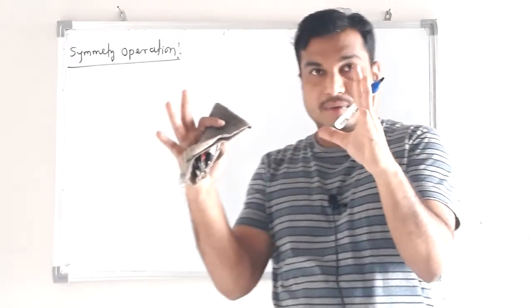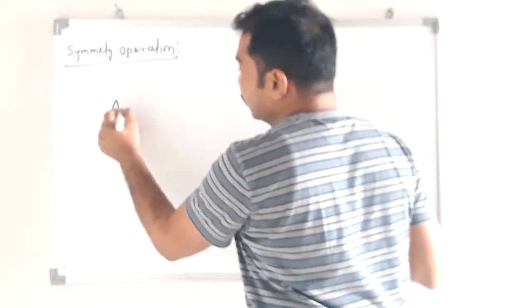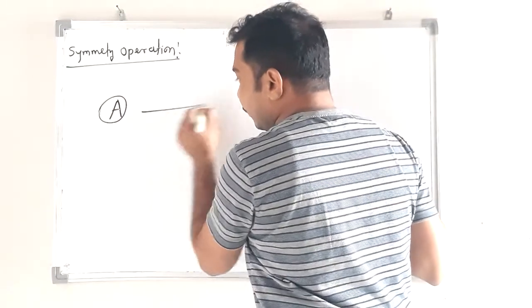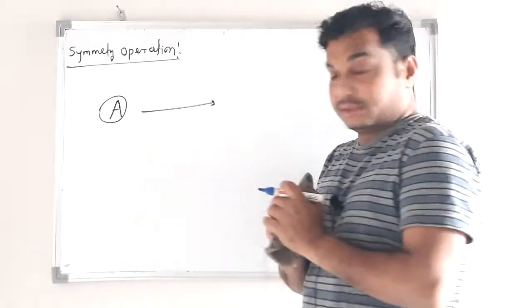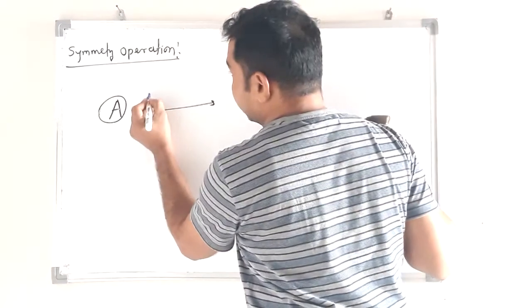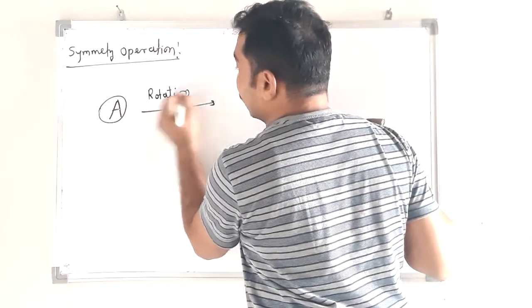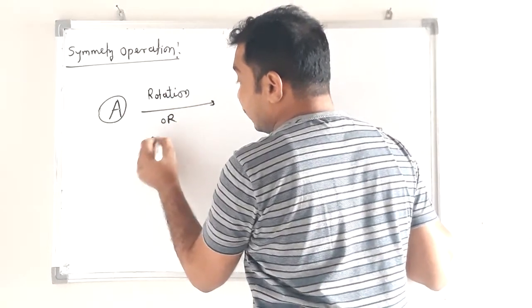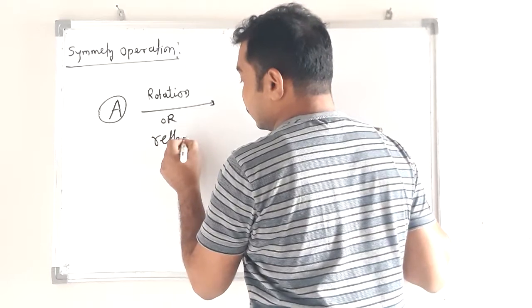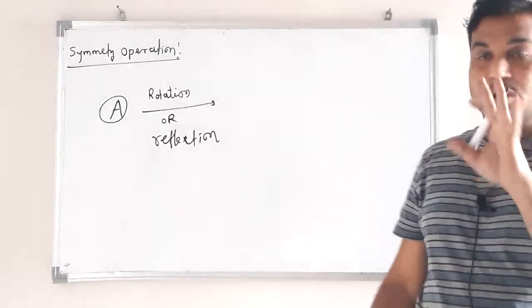If there is a molecule, any molecule A, suppose any unknown molecule A, if we perform symmetry operation, it means either rotation or reflection. These two are considered as symmetric operations.